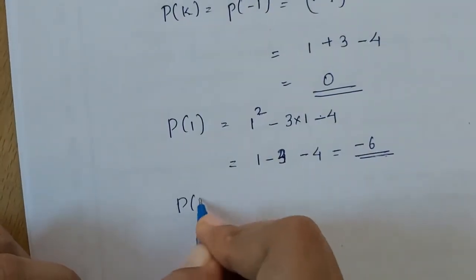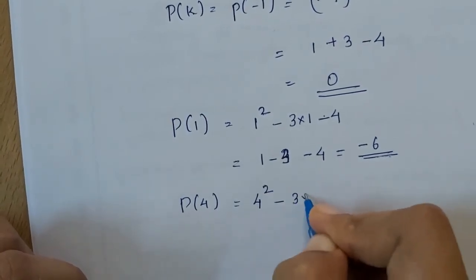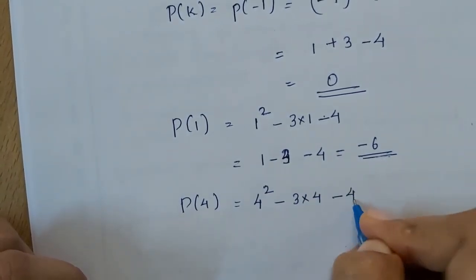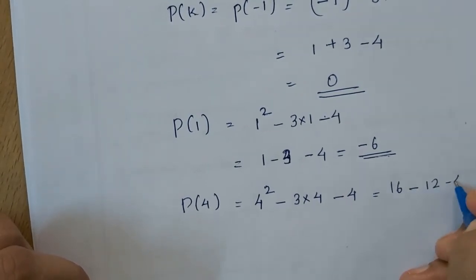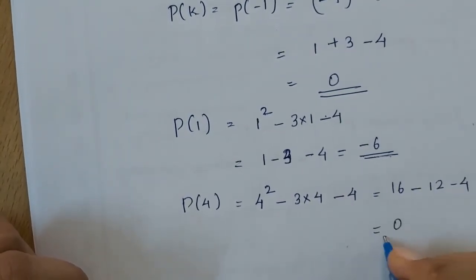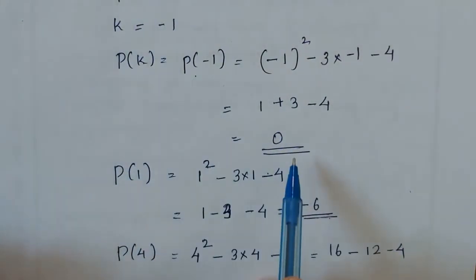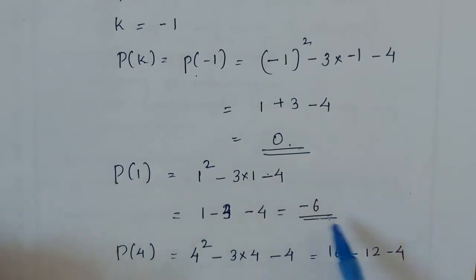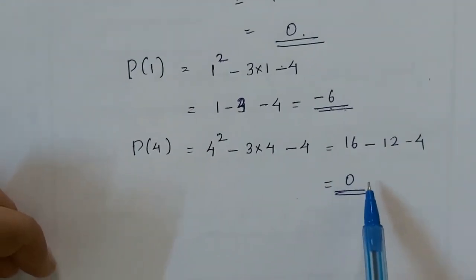One more example, p of 4, then 4 square minus 3 into 4 minus 4, that is 16 minus 12 minus 4, which is equal to 0. Okay, here for p of minus 1 we get the value 0, p of 1 we get the value minus 6, and p of 4 we get the value 0.